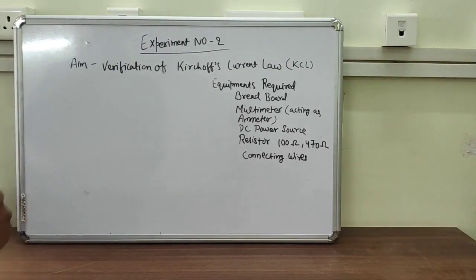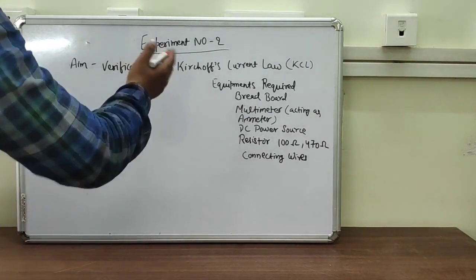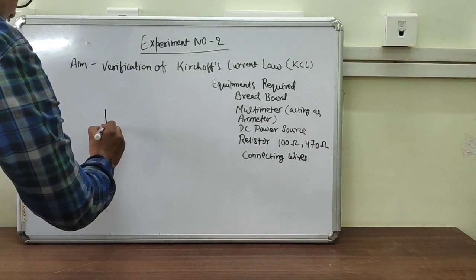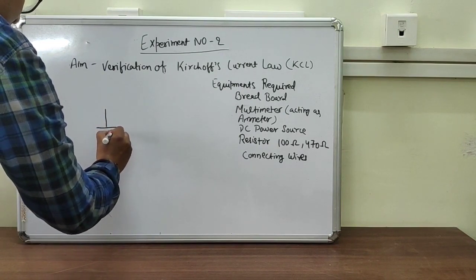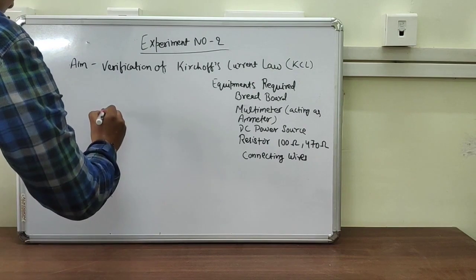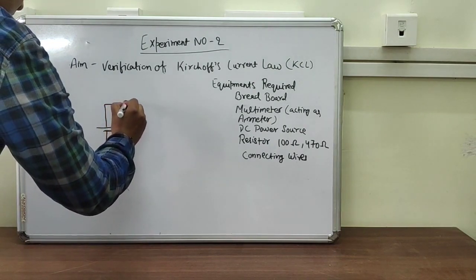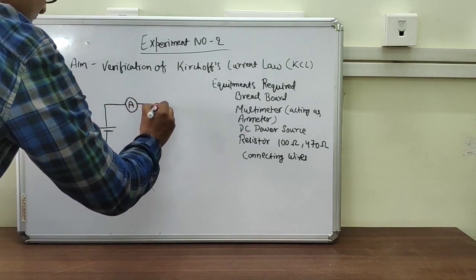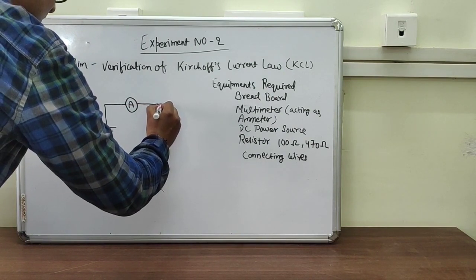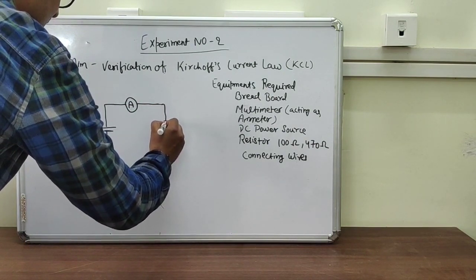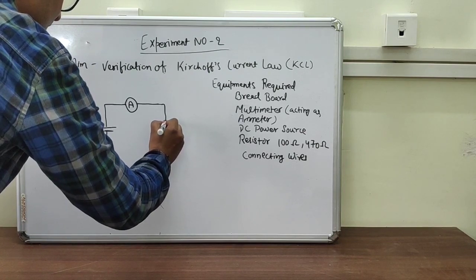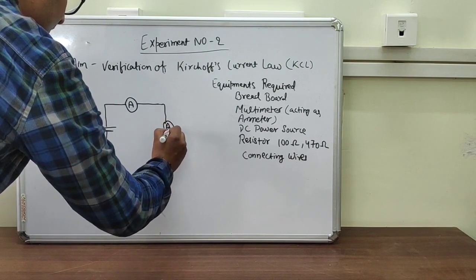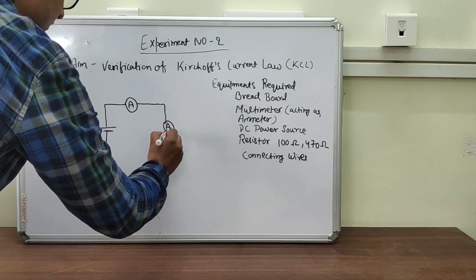Now I am going to draw the circuit diagram for this KCL verification. I used this multimeter to be A1.